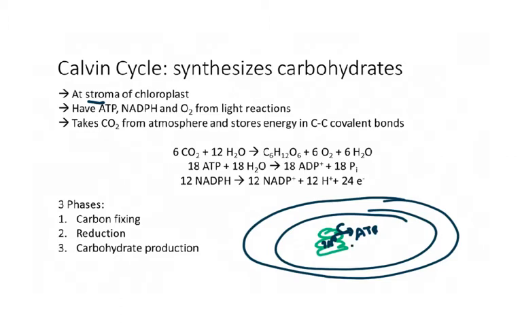And then we also, in those light reactions, made NADPH. So out here in this area, this is called the stroma of the chloroplast. This is where we're going to use these guys in the Calvin cycle.